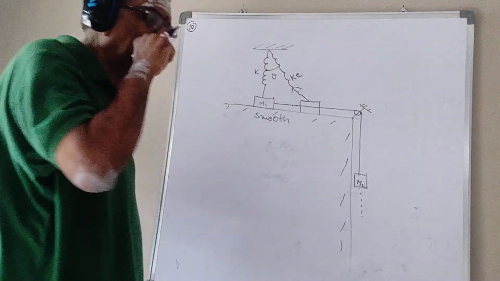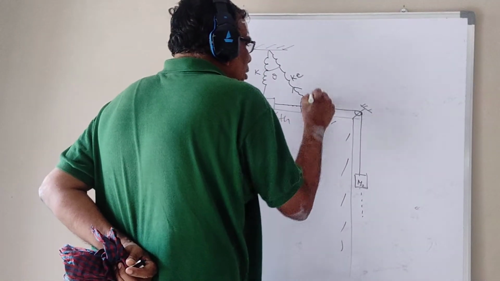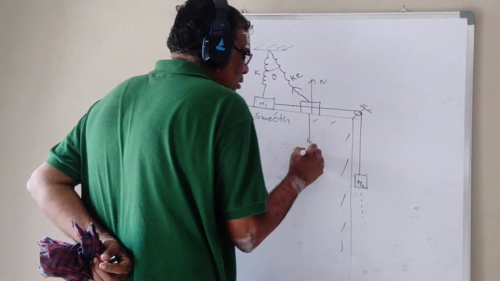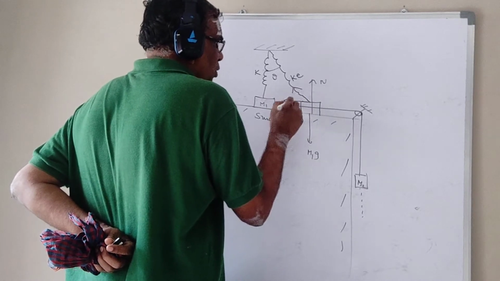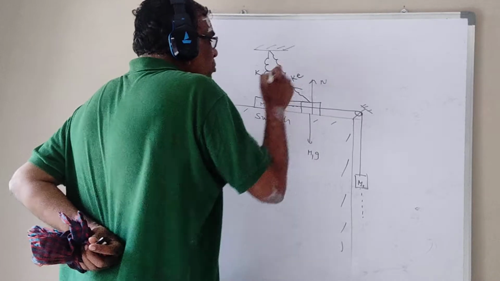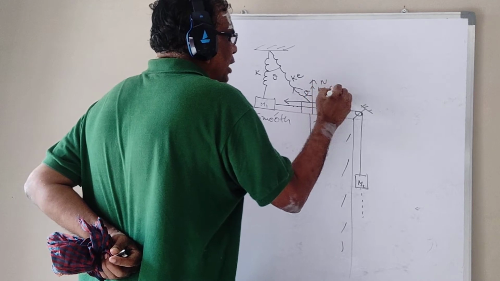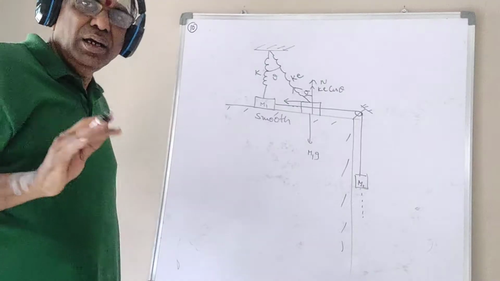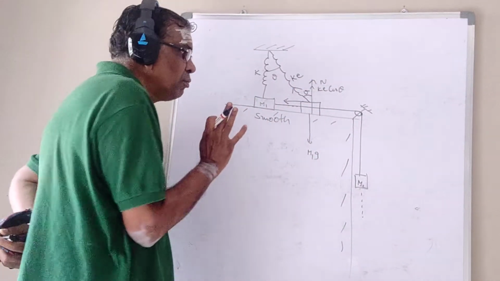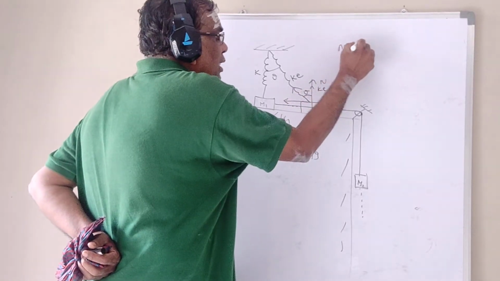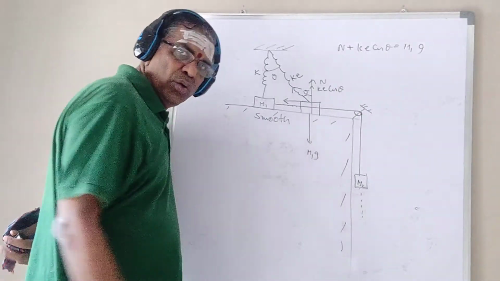This is the spring force. This is the normal reaction. This is M1g. On this side you have theta, this is theta, you have K cos theta. Now, initially N is equal to M1g. Once it comes here, N plus K cos theta is equal to M1g. It keeps on moving.